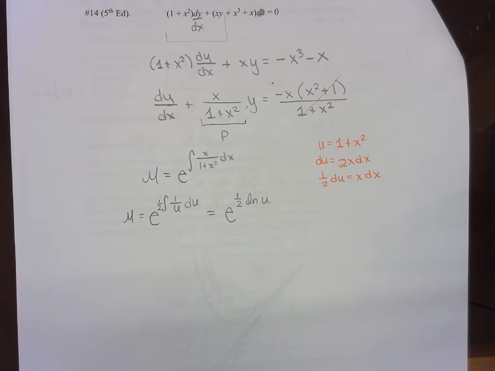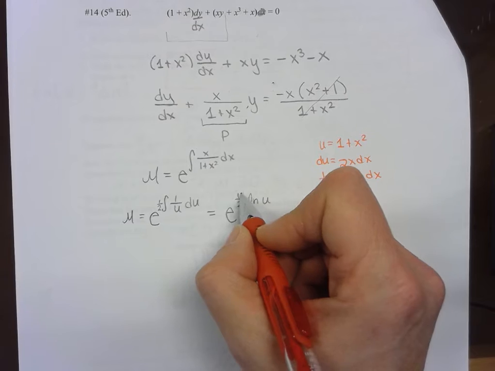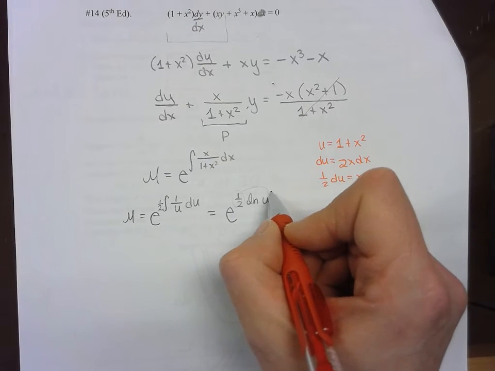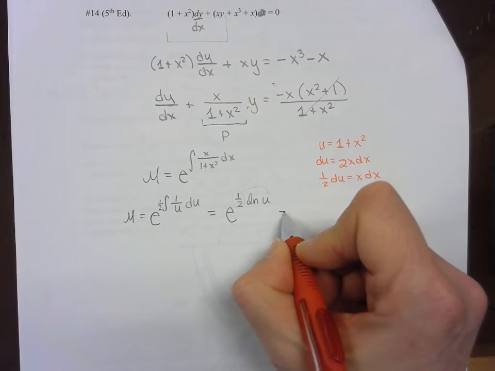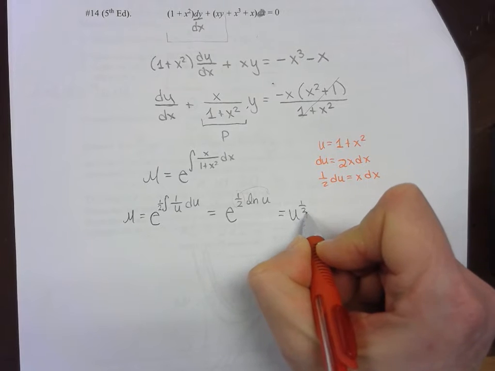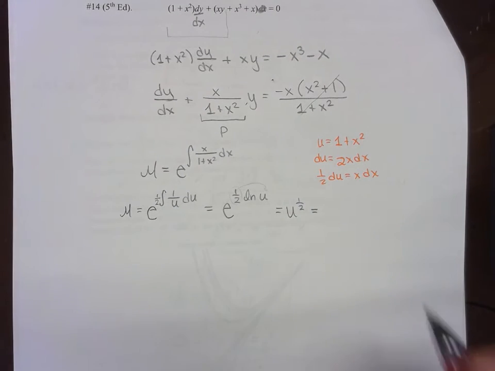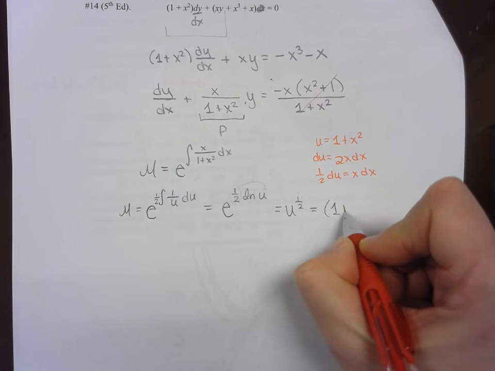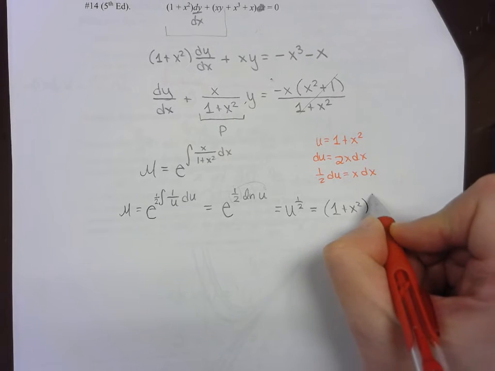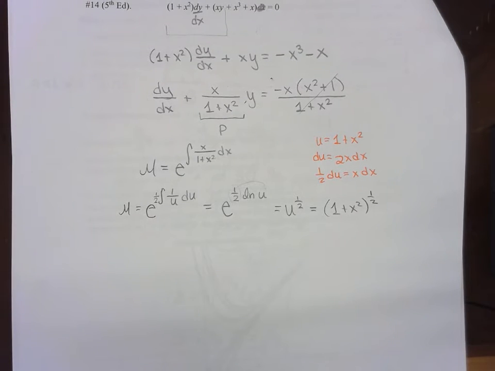What is that going to simplify to? u to the 1/2, right? So the 1/2 goes up in the exponent, and then the e and the natural log cancel each other out. So u to the 1/2, which you can write as 1 plus x squared to the 1/2, or as the square root of 1 plus x squared.